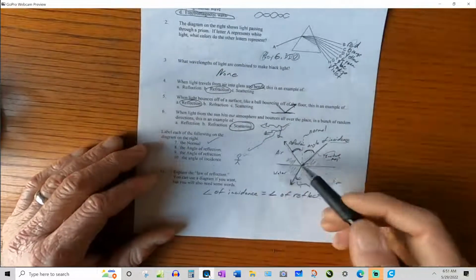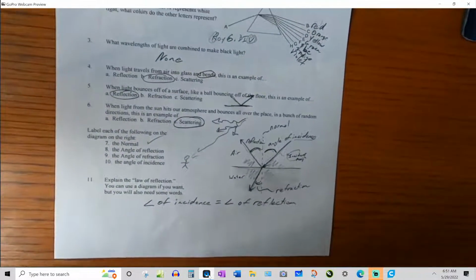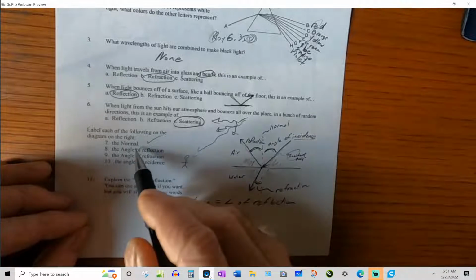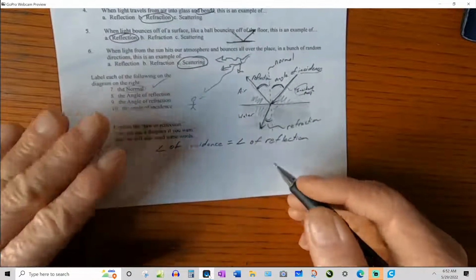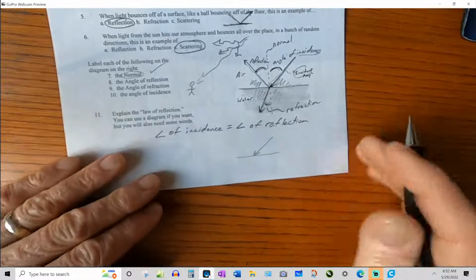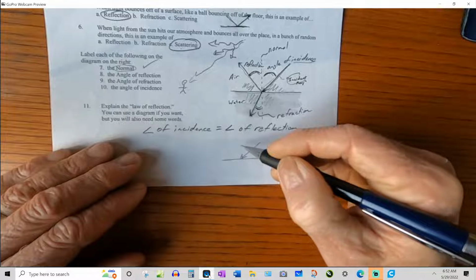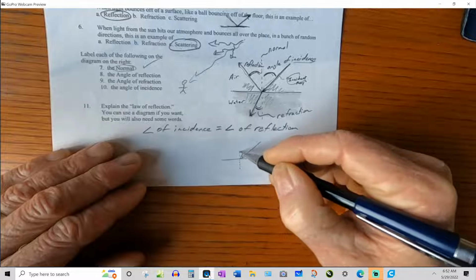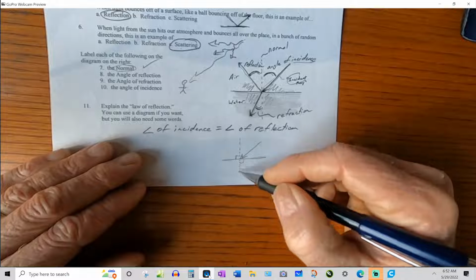Now these terms relating to refraction and reflection are described relative to this thing called the normal. So this is an incident ray, which just means it's a ray that comes in and hits. This is the surface that it hits. We draw a thing called the normal right there at that surface, and the normal is a perpendicular line. So this is a right angle, this is a right angle, this is the normal.